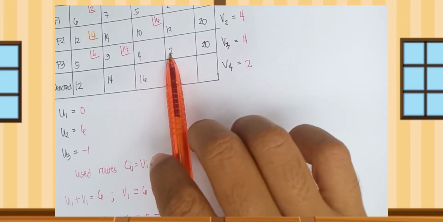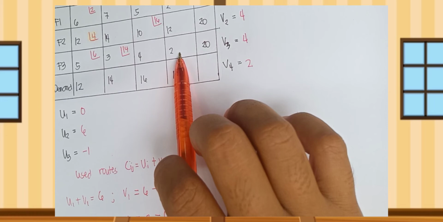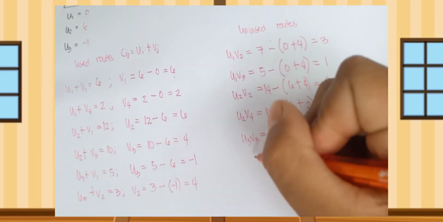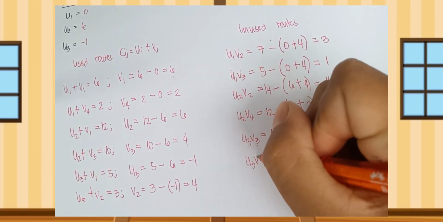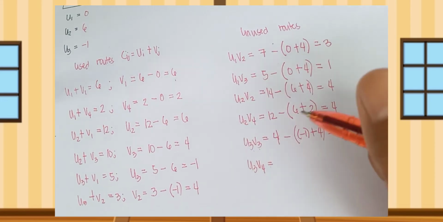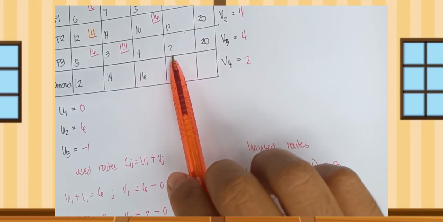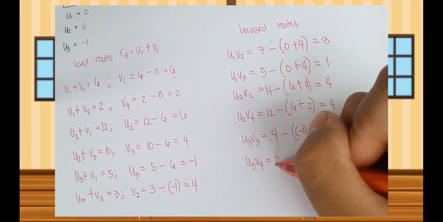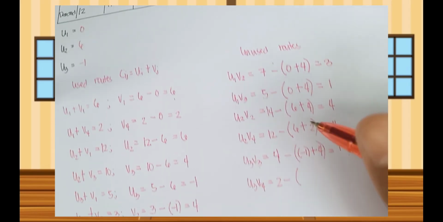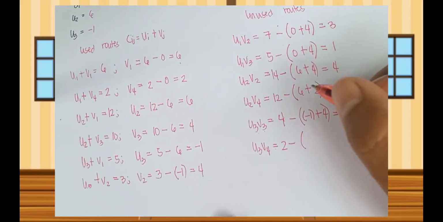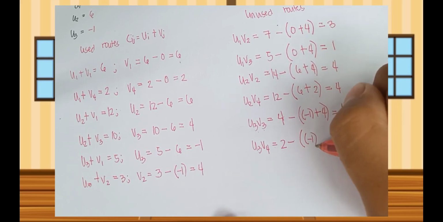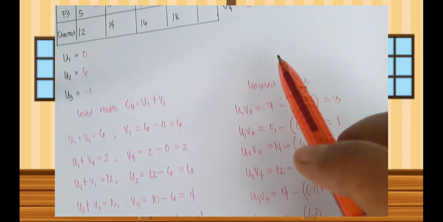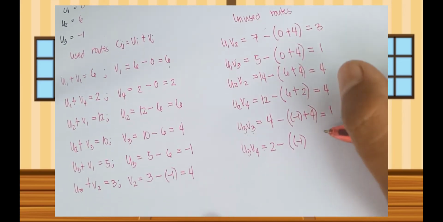Then the last one we have U3 V4. The Cij of 2 minus the value of U3 which is negative 1, plus the value of V4 which is 2.